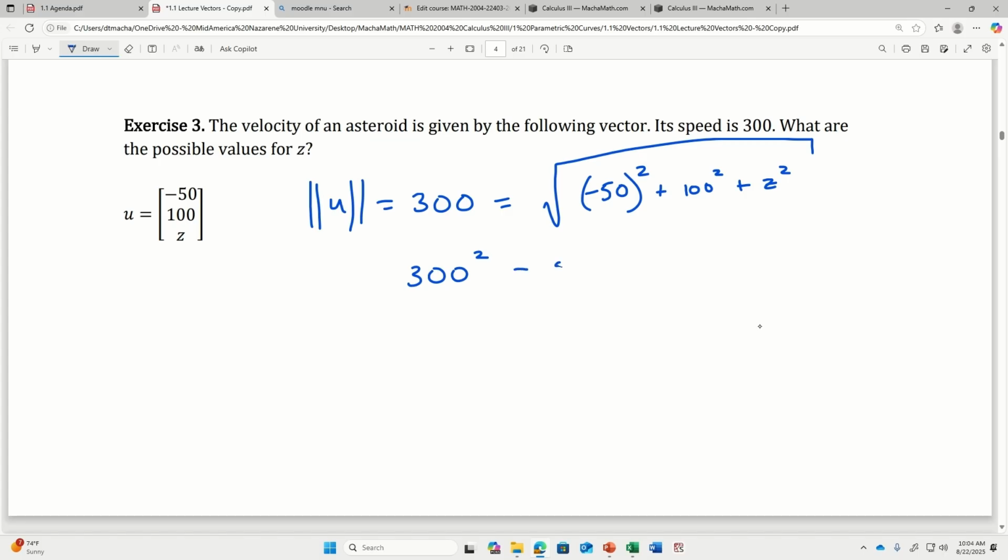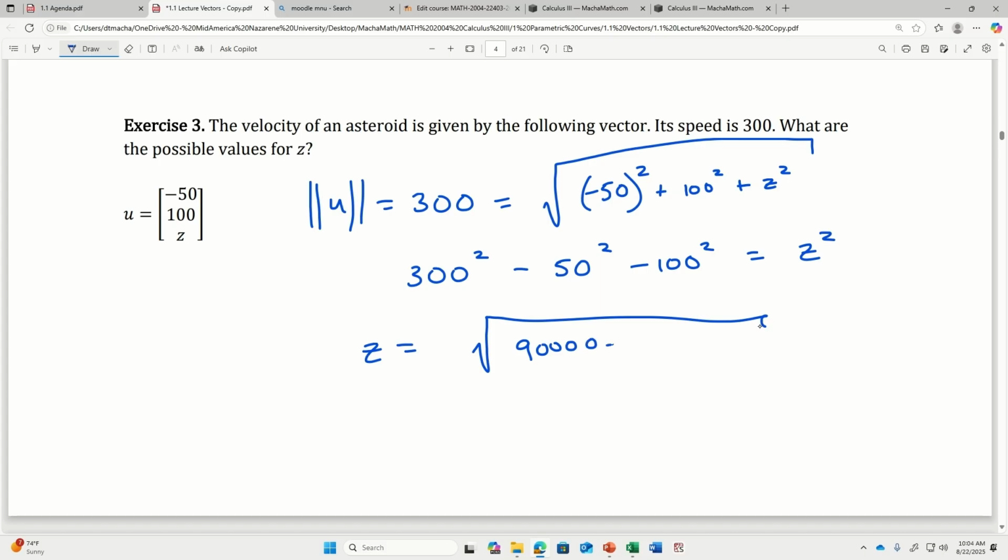Minus 50 squared minus 100 squared equals z squared. So z is going to be the square root of whatever this is, right? 90000 minus 2500 minus 10000.